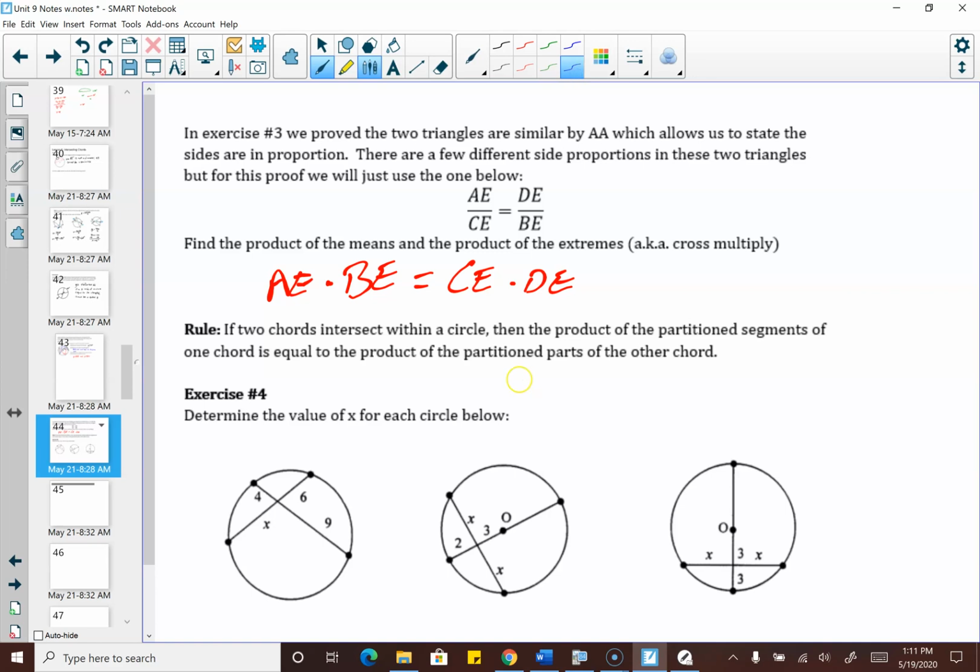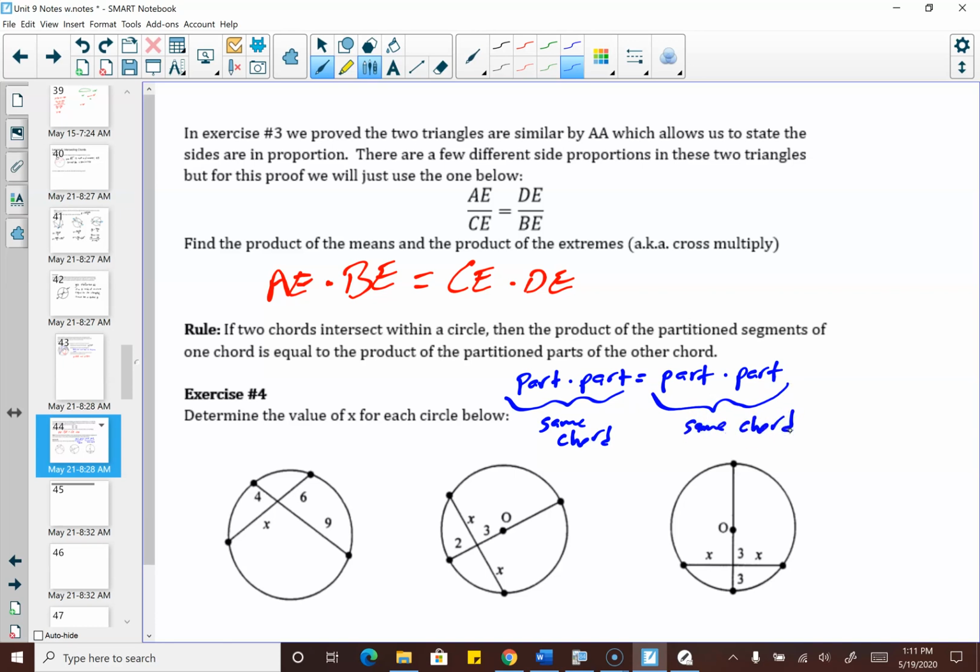Here's what we normally say as a rule. We go part times part equals part times part. Those first two are parts of the same chord, and the second two are parts of the same chord.